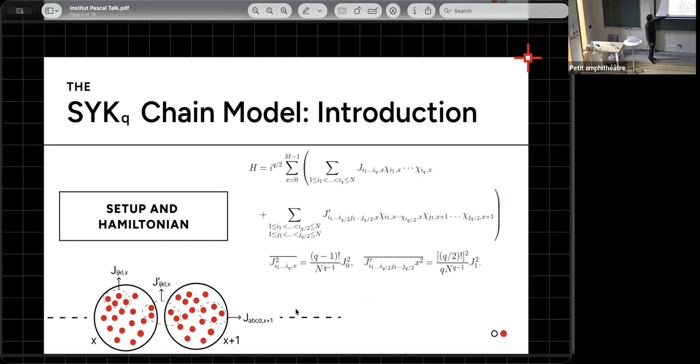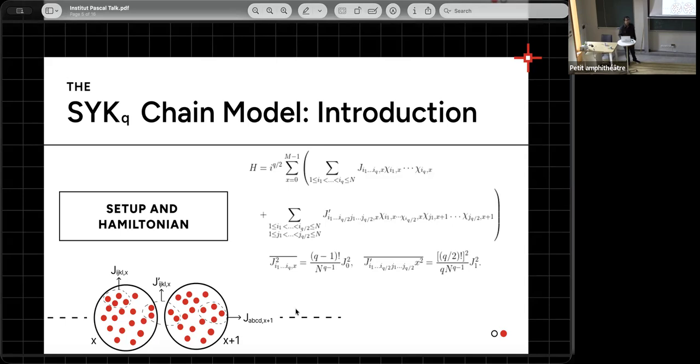I've set Q equals 4 for simplicity. You have these interactions within each dot, which is SYK-like, but we also allow Q/2, Q/2 body interactions between nearest neighbors. From the Hamiltonian you can see that it is the same sort of generalization of the model.